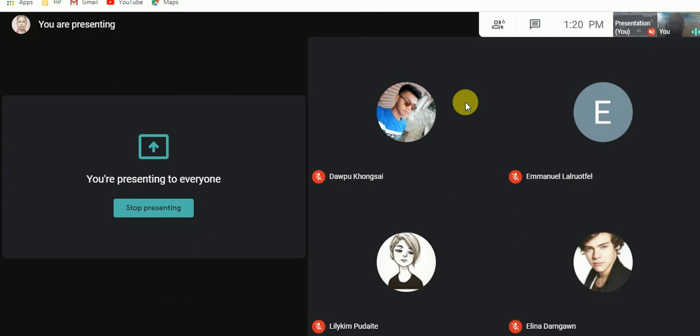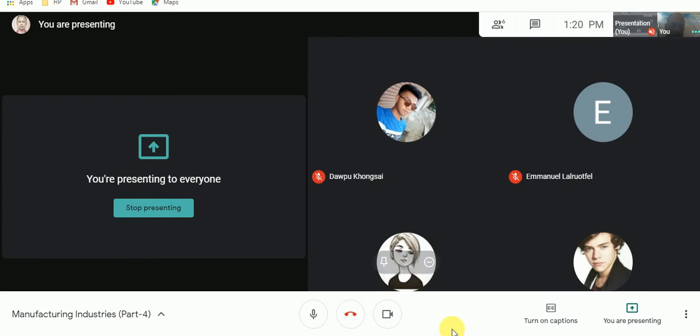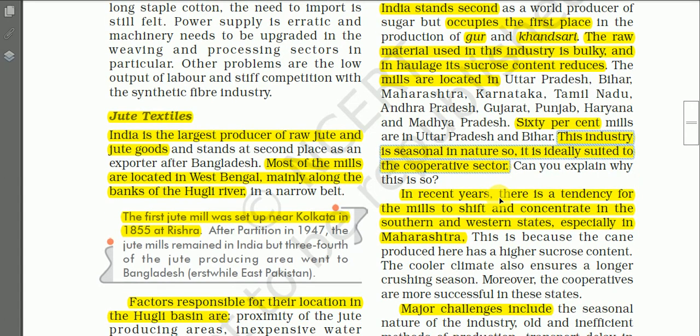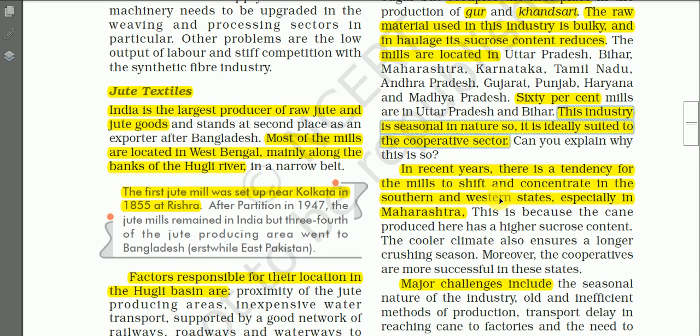So cooperative sector or cooperative industries are those industries in which the producers of raw materials are running the industry. If a sugar mill is run by the sugarcane farmers, then it will be beneficial; there may not be loss.